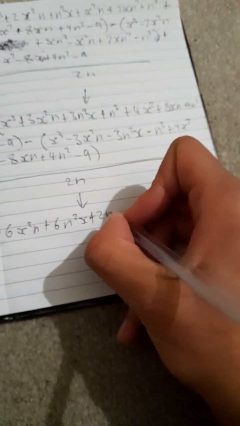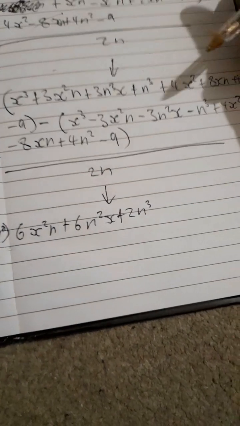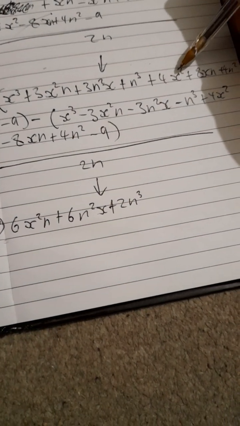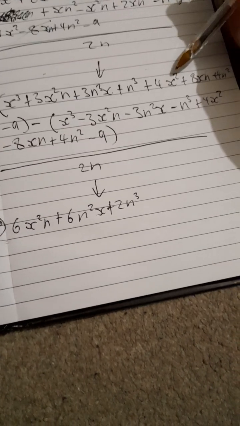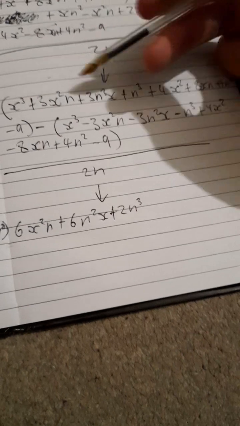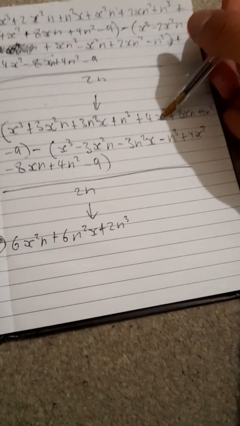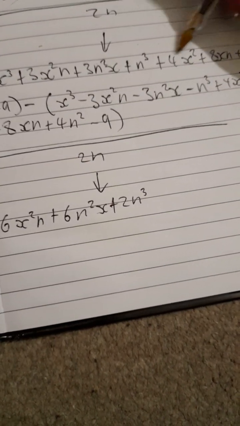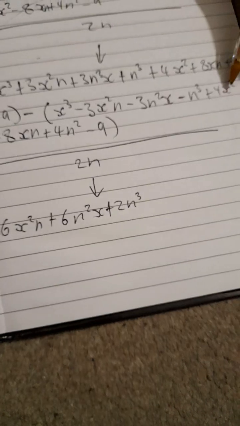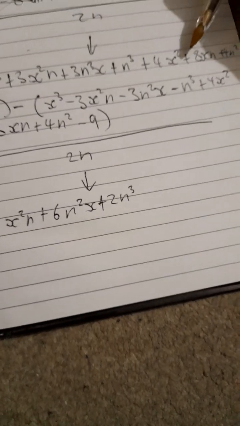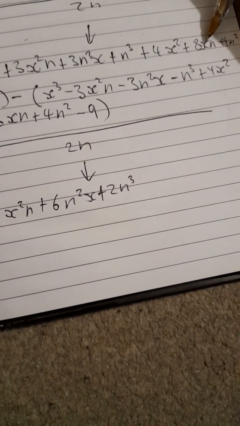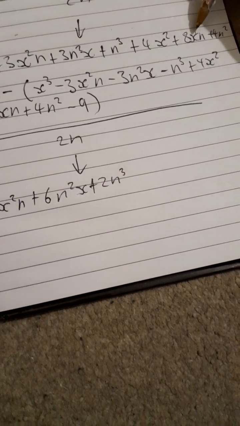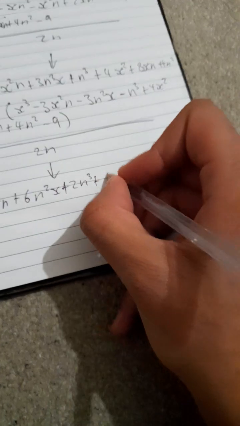Plus 2n cubed. The 4x squared cancels out with the minus 4x squared. 8xn minus minus 8xn gives us plus 16xn.